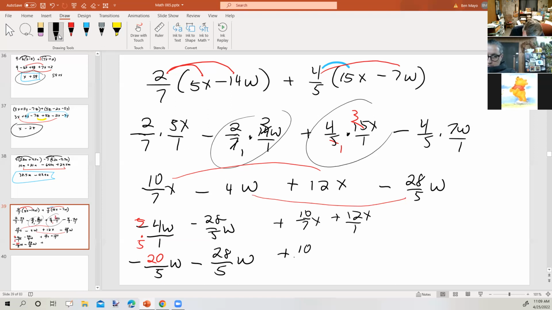So plus 10/7 x plus so many 7ths x. I'd multiply the 12 over 1 by 7 over 7 and get 84/7 x. I'm going to recopy this whole thing on the next page.